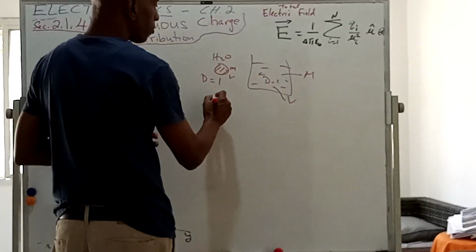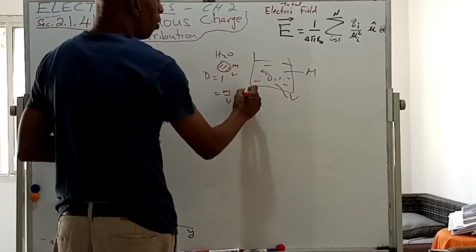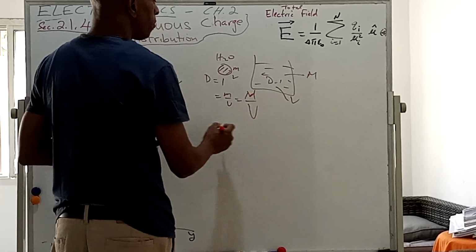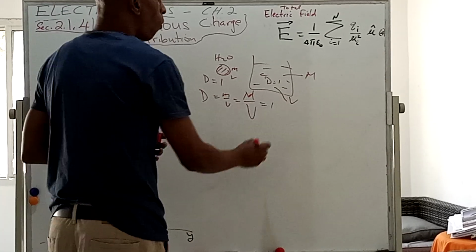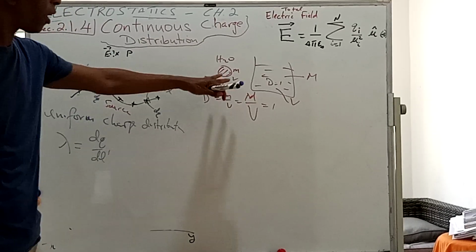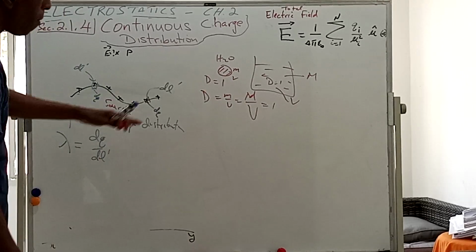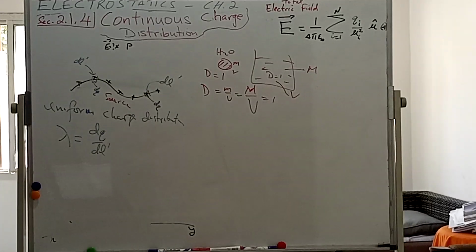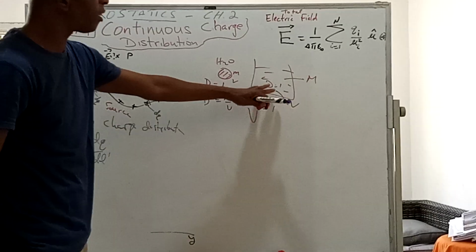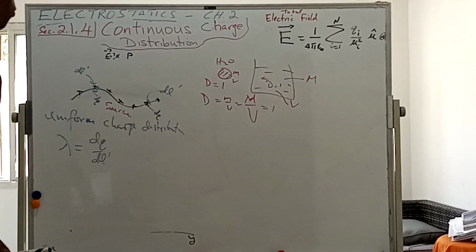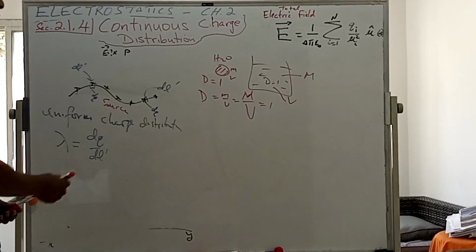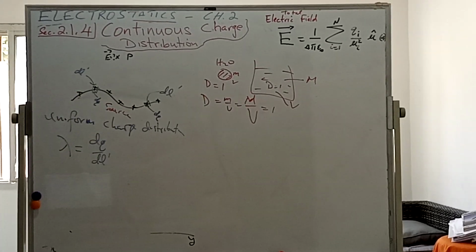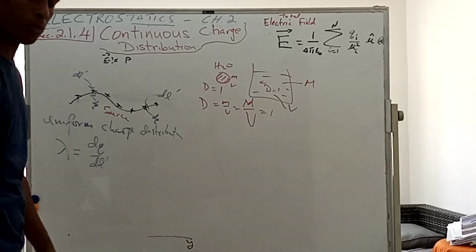However, the ratio of mass over volume, or big mass over big V, will still give us a value of 1. Right? Because here we have a mass density, where we have a uniform mass distribution throughout the drop of water, or the bucket of water. The same analogy goes here for the charge distribution.